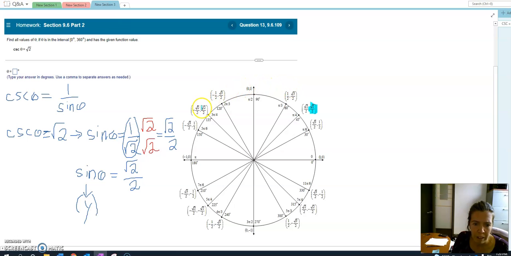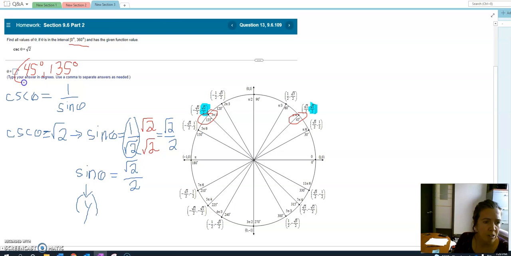And then if we keep going around, there's another solution here in quadrant 2. So sine of theta is equal to the square root of 2 over 2 at 135 degrees and at 45 degrees. And those are our two solutions here between 0 and 360. It's going to be 45 degrees and 135 degrees.